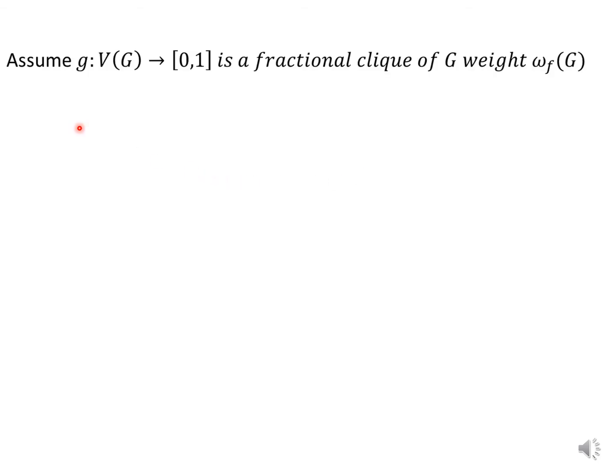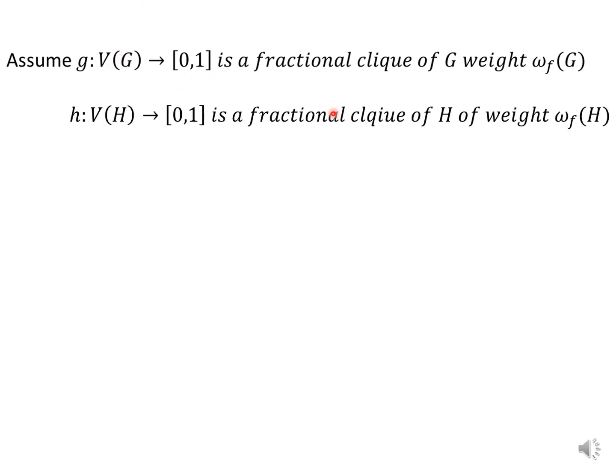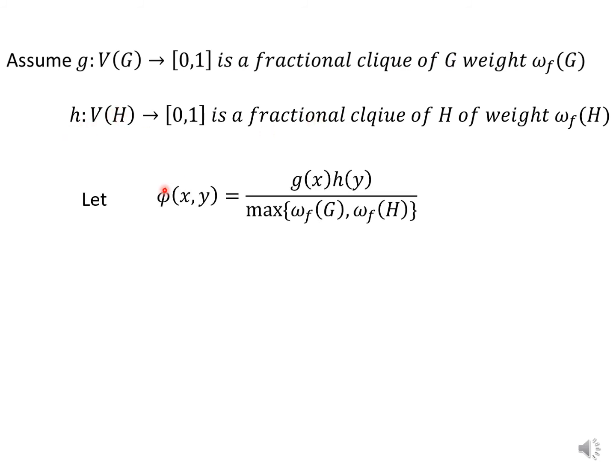Okay, so we're going to construct a fractional clique of the product graph with the given weight. So we take a fractional clique g of G of maximum weight and a fractional clique h of H of maximum weight.